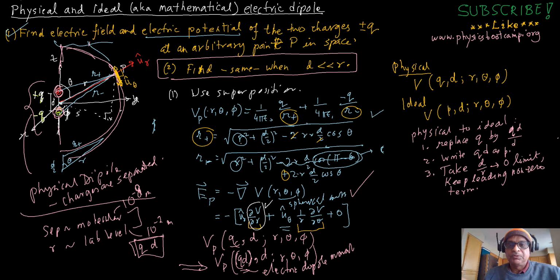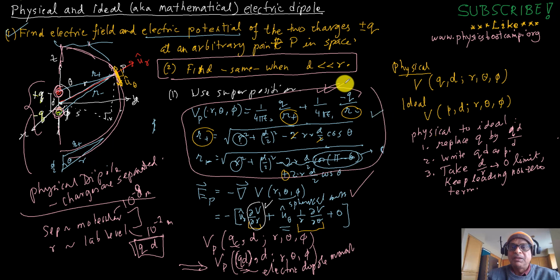Okay, so I'll just summarize something. When you have the physical dipole, the answer we got here is a function of Q and R, Q and D, and R and theta and things like that, right?